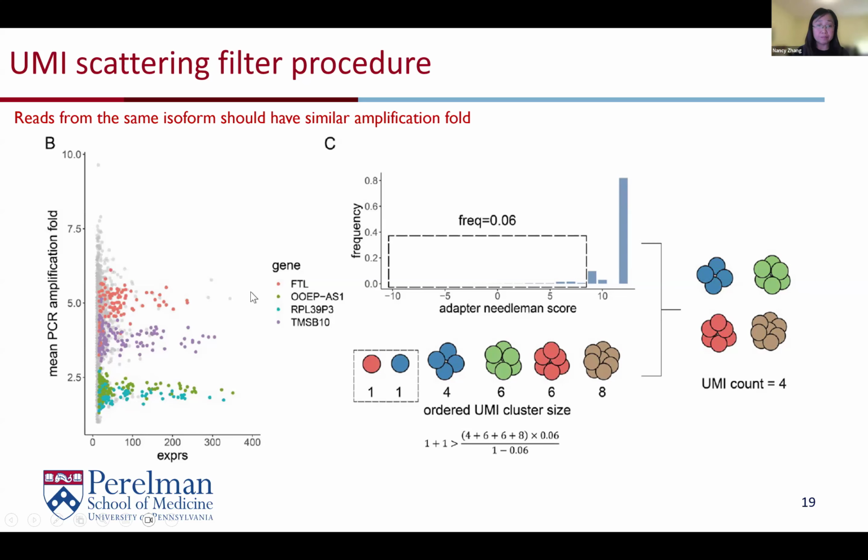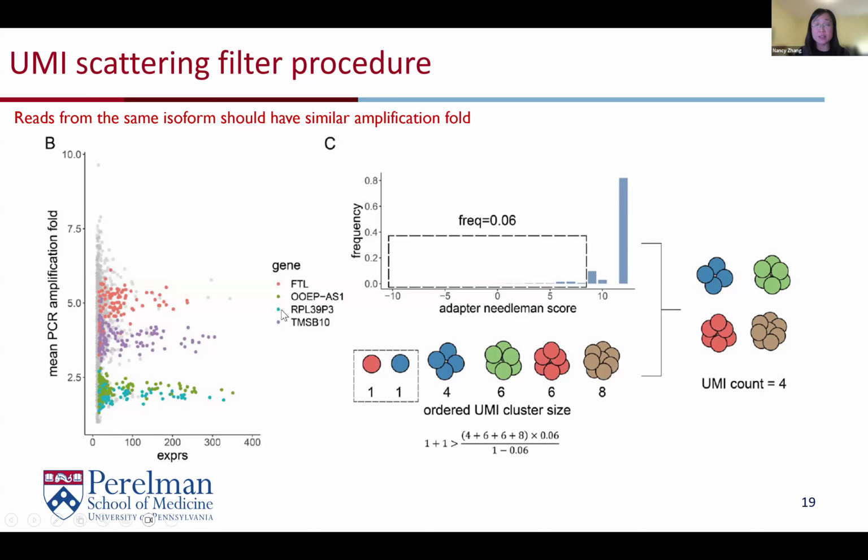So this is data where we looked at four genes that have only one isoform. Because they only have one isoform, we know that we can just look at the UMI cluster size, which is a proxy for the PCR amplification fold, and plot that against expression.